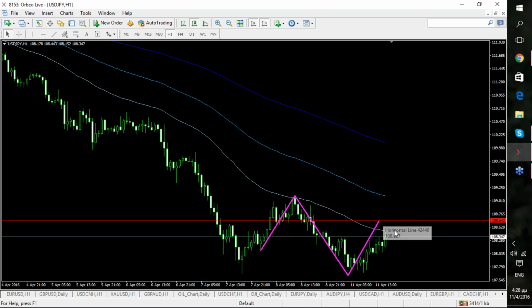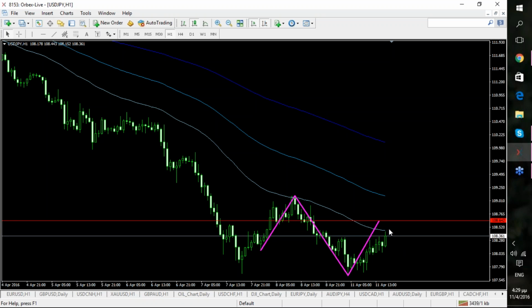Now that level there is quite close to, as you can see, the 50 moving average, and the behavior of the candle itself is looking like it is respecting or pausing exactly at that level of 50. As you can see, the wick itself is just on the dot of that line, signaling that it is noticing some resistance at that level.